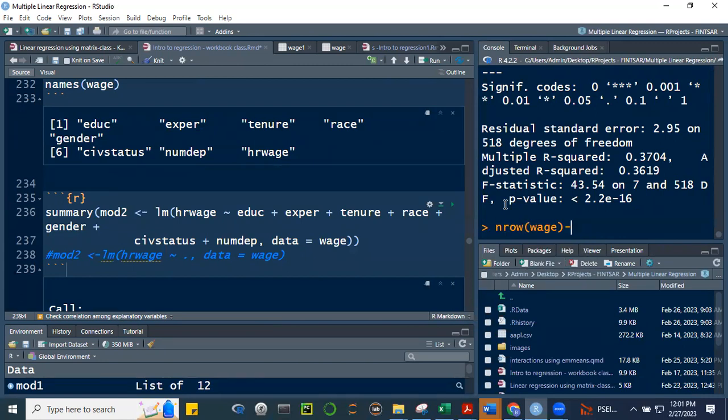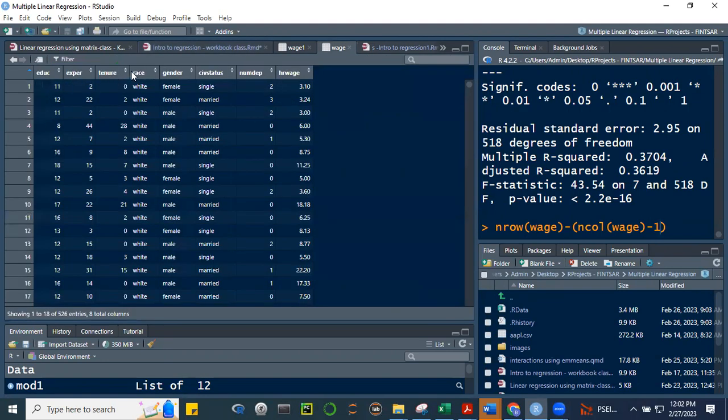Ma-minus natin yung n. Ilan yung column ng wage natin? N column ng wage minus 1. Okay, take a look at how I'm doing it. N column ng wage, ito yung wage natin. 1, 2, 3, 4, 5, 6, 7, 8. Okay? 8 kaso bawabawasan natin ang hourly wage kasi hindi naman dependent variable to. So N column ng wage minus 1.